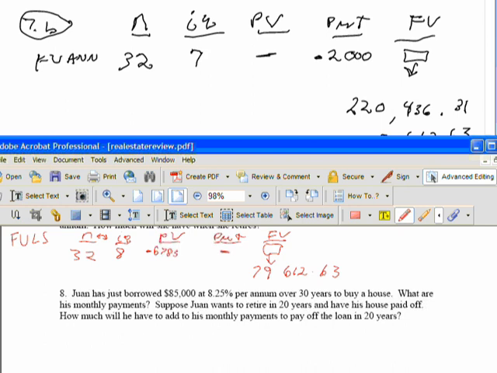So anything you add to your mortgage payment above what you owe, what your debt service is calculated as, goes to paying off your mortgage balance. And we're going to calculate an amount that Juan could pay each month, each payment, that would basically convert his 30-year mortgage to a 20-year mortgage.